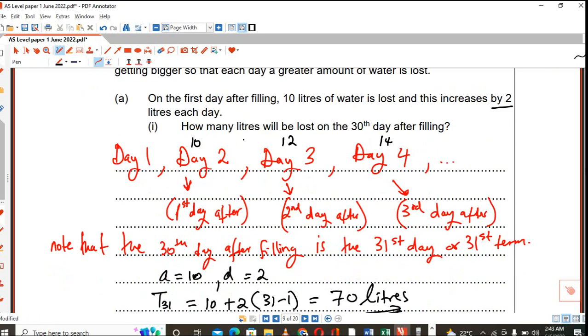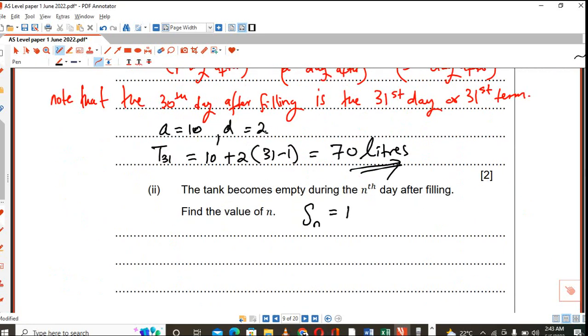So we want to know the day. So we're going to use the S sub n formula, which is basically n over 2, 2 times 10, okay, plus 2, n minus 1 equals 1968.